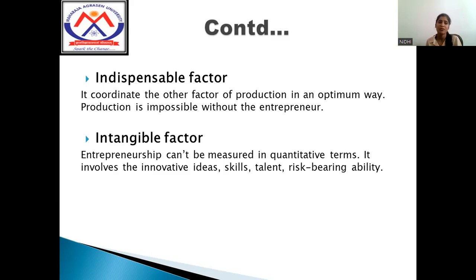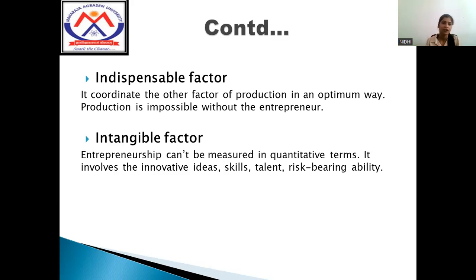All such decisions are taken by the entrepreneur, and the workers, the labor, managers, and employees execute the plans made by the entrepreneurs. Production is impossible without the entrepreneurs, we can say.